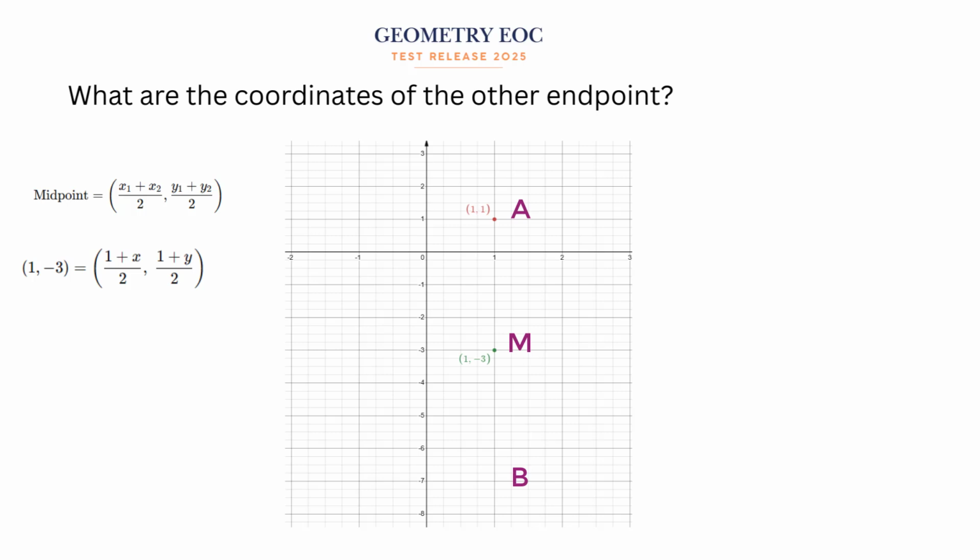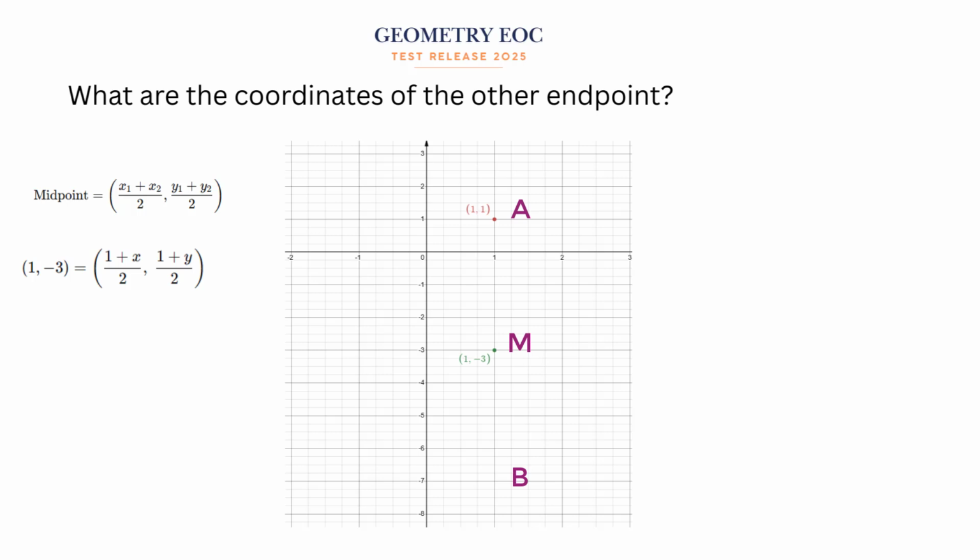This equation is saying that the midpoint, which is the point (1, -3), is equal to the average of the two endpoints. On the right side, we are taking the x values, adding them together, 1 plus x, and dividing by 2, the y values, adding them together, 1 plus y, and dividing by 2.